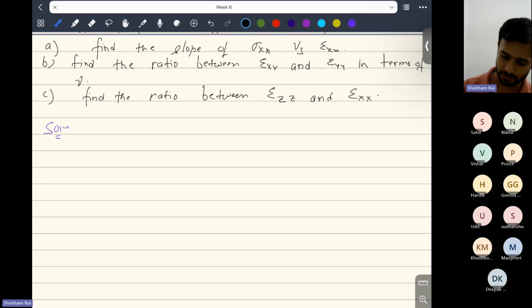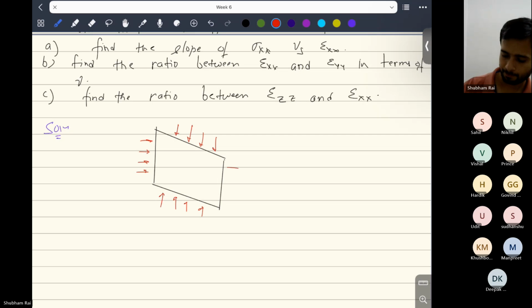Again, let me draw the plate. So the plate is something like this. Here you have applied a load in this direction, a load in this direction. And now here you have x, y, and z.